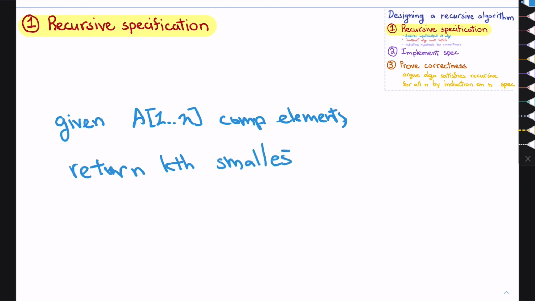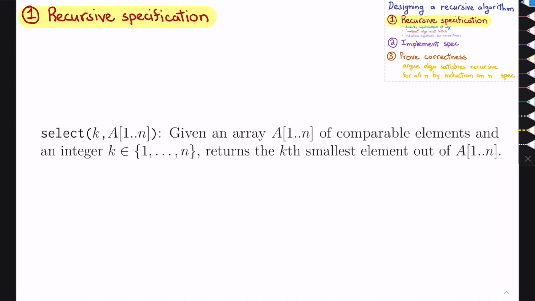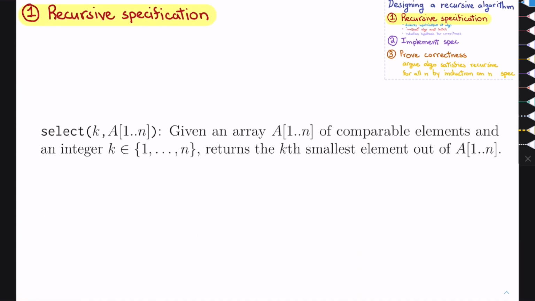And the only other thing we're missing is some kind of name to make our parameters clear. So let's call this Select, taking as input A and k. Okay, now we're ready to go. Maybe we can come back and revise the specification if we find it necessary. I guess that's basically what I wrote.